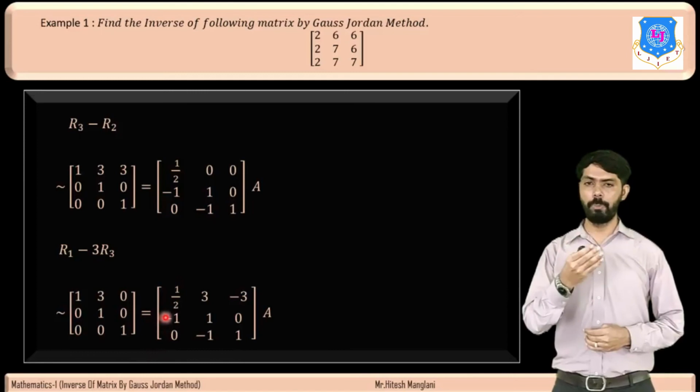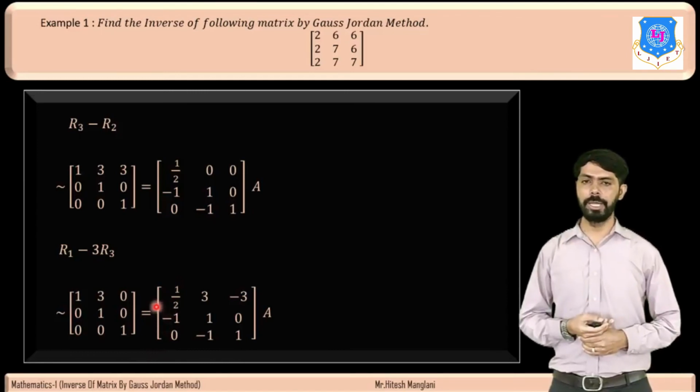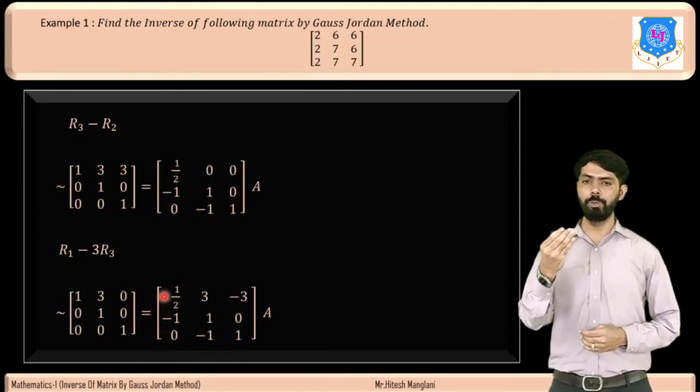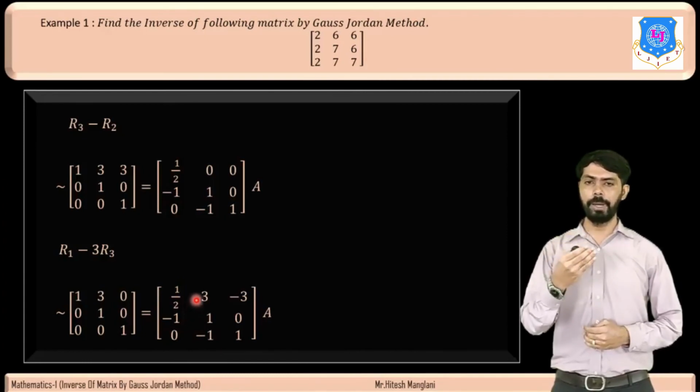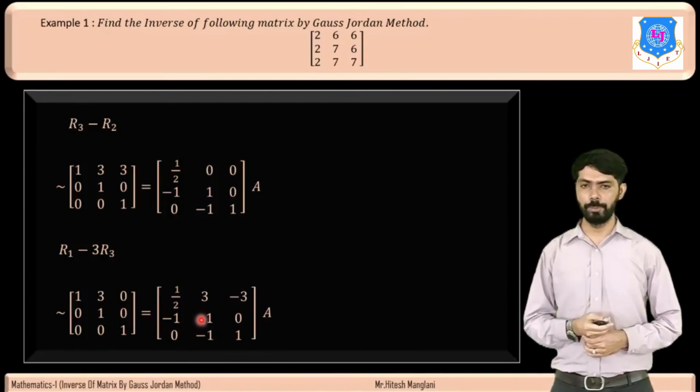So if we apply this row operation on the right hand side of the matrix, then here it will be 1 by 2 minus 1 into minus 3. So it will be 1 by 2 plus 3. If we simplify this, it will be 6 plus 1 divided by 2, so it will be 7 by 2. Then 3 minus 3, so it will be 0.